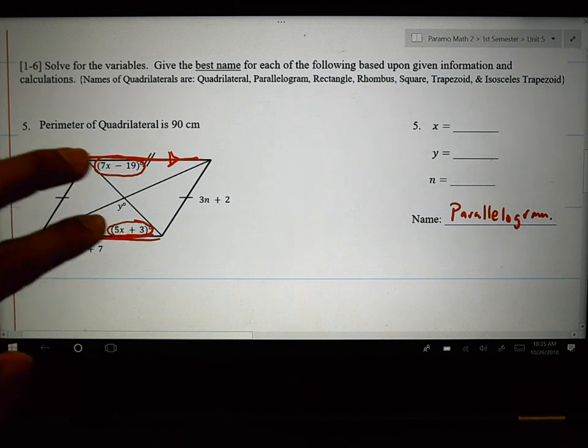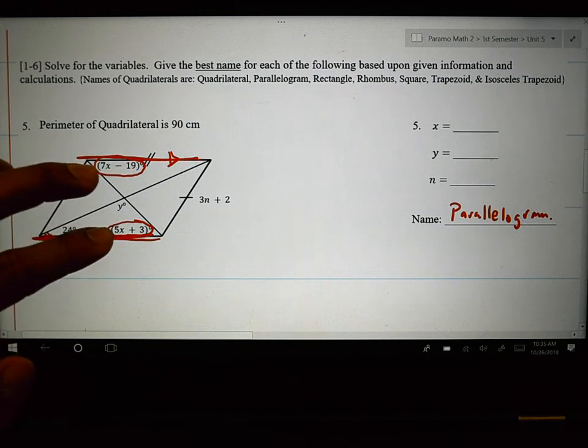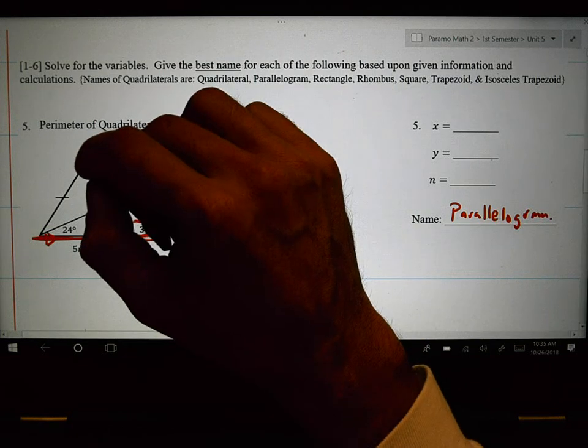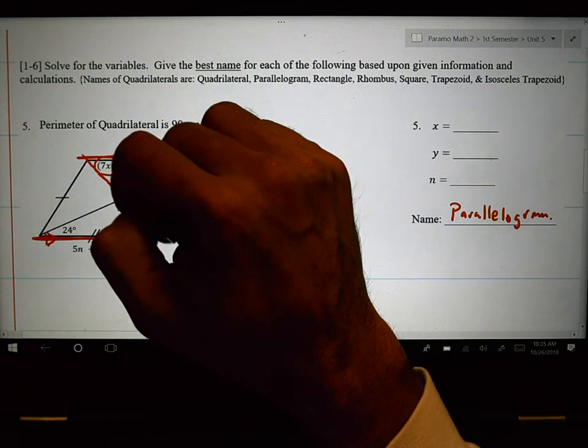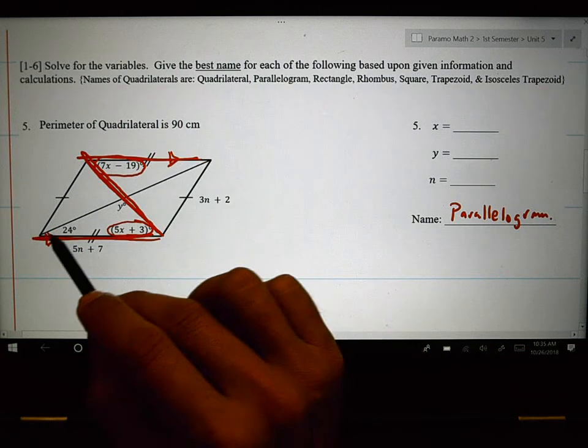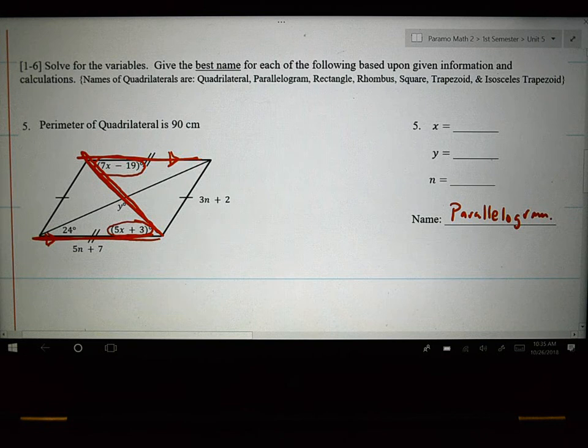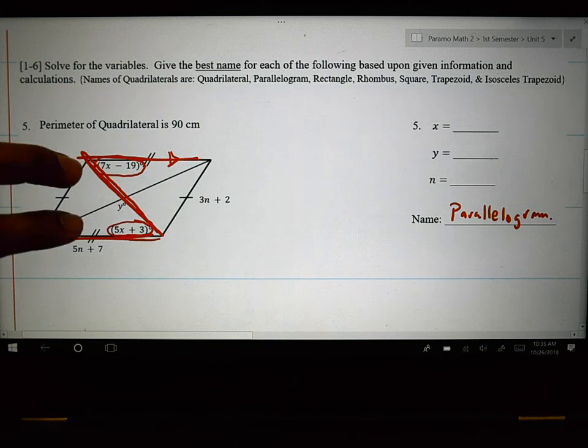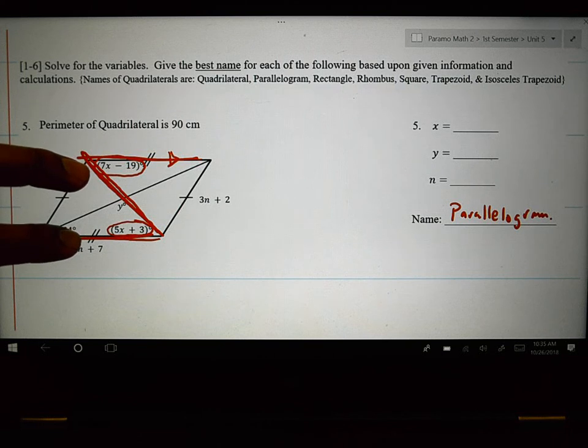Now I got to figure out how these things are related to each other, and then I realize that there is something called a transversal that goes down this thing that connects this parallel line to this parallel line. And that brings me to the realization that these two angles are a certain type of angle.